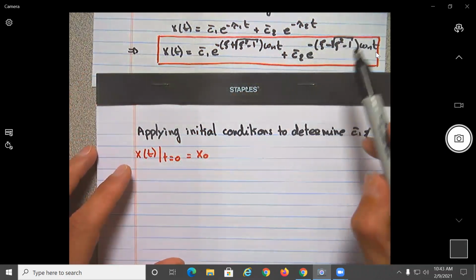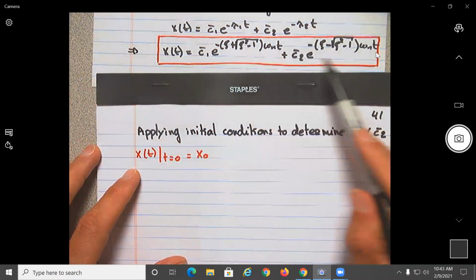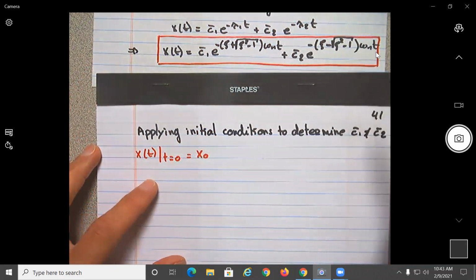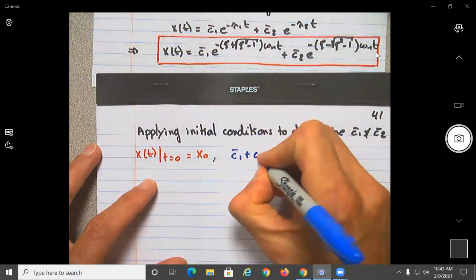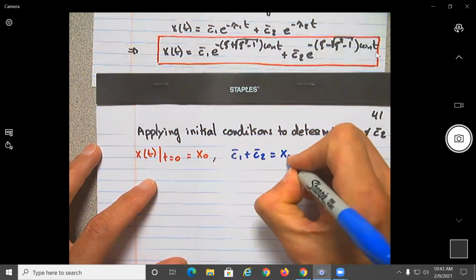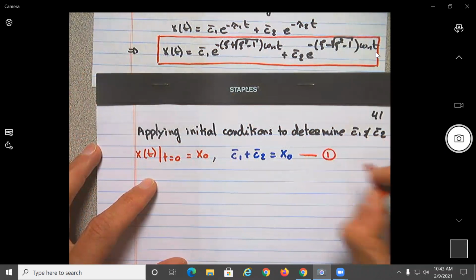So what do we have? Exponential of 0 will be 1. So the first equation will be C bar 1 plus C bar 2 equal to x naught. We say this will be our equation 1.